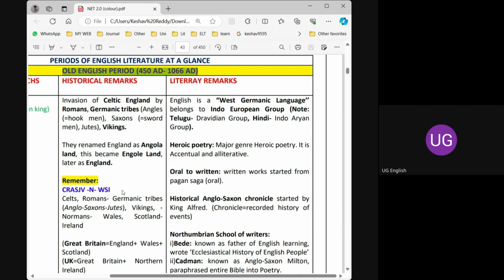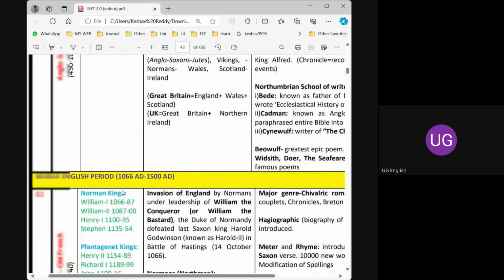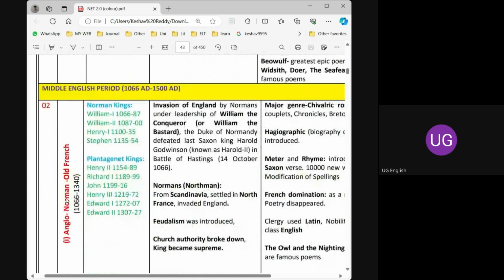And sometimes we may get a historical question also, like who are the three Germanic tribes? And sometimes we get a question like the Norman invasion, that is Anglo-Norman period. The starting of the Anglo-Norman period, that is the Old French period, is 1066.